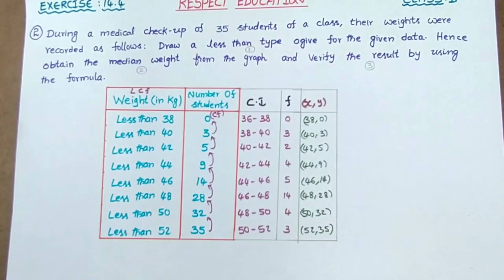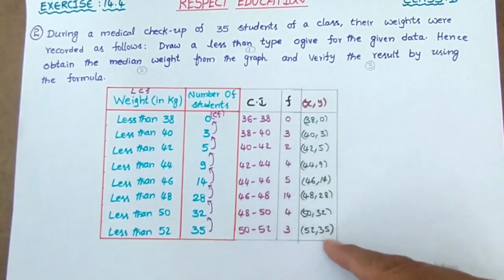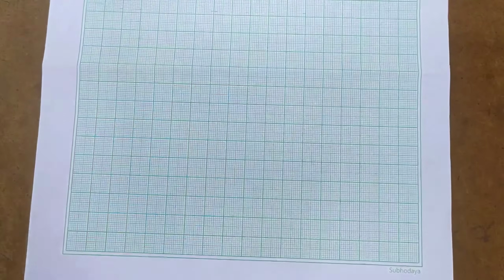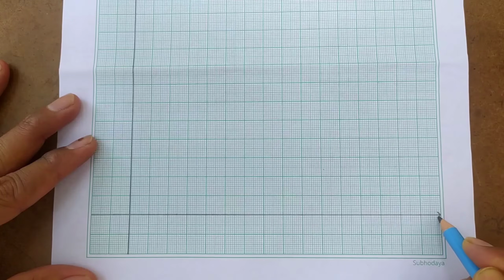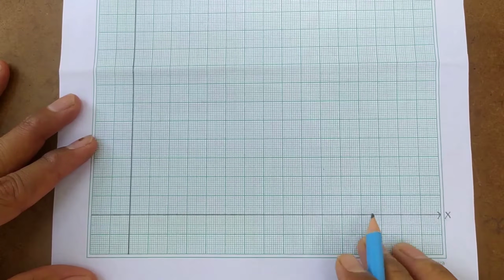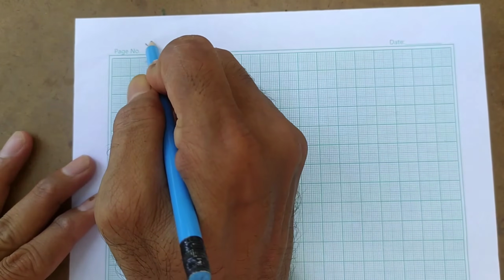Now, let us draw the graph by plotting these points. Let us take this as x axis and it has y axis.